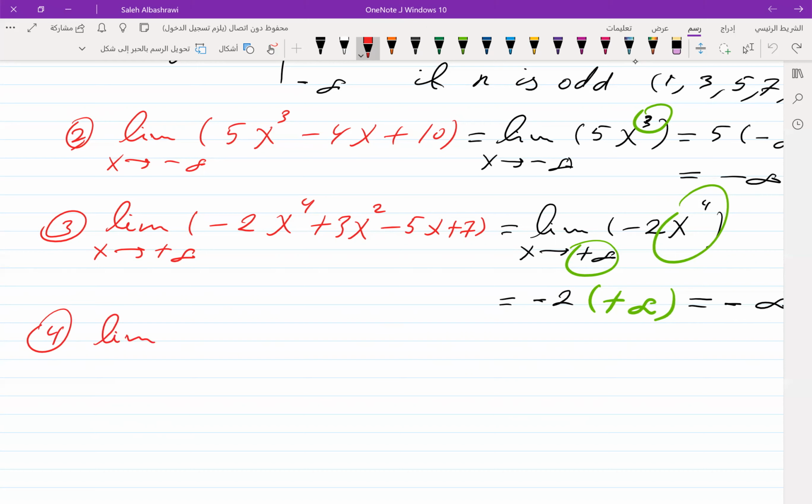Limit of 3x to the power 3 minus 4x plus 5 divided by, let's say, 2x to the power 3 plus 7x plus 10, where x goes to plus infinity.